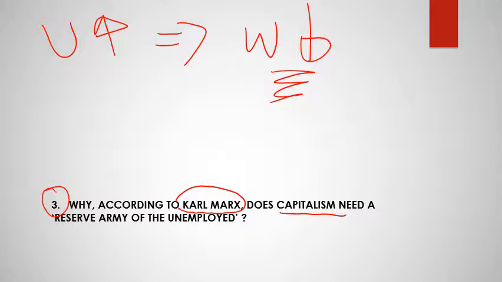It's a very, shall we say, antagonistic relationship, which is being implied here. It's the owners of capital, the industrialists, versus the owners of labor, meaning the workers. This reserve army of unemployed is good for capitalistic profits.